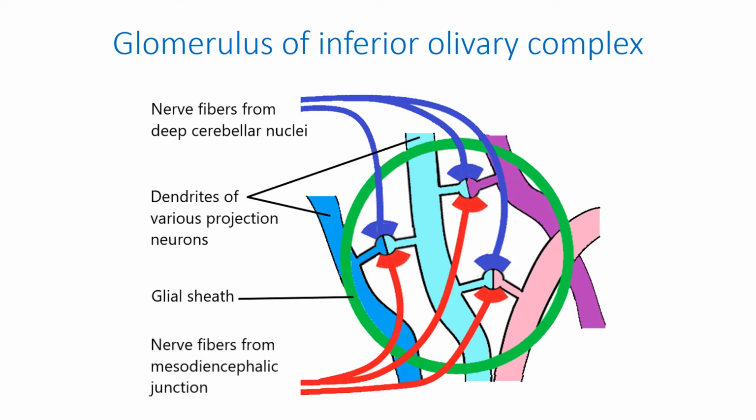Axons of the olivary complex neurons form climbing fibers of the olivocerebellar tract which cross the midline, ascend into the cerebellum, and synapse on Purkinje cells.